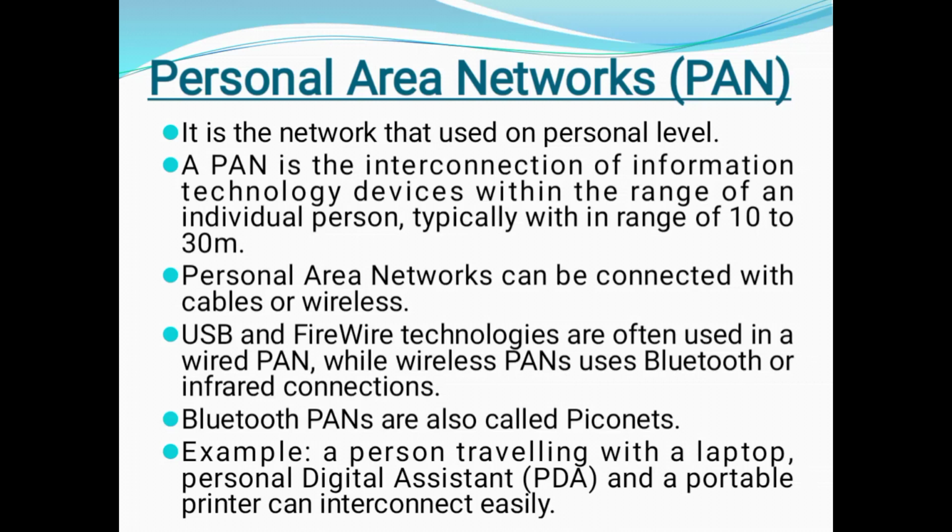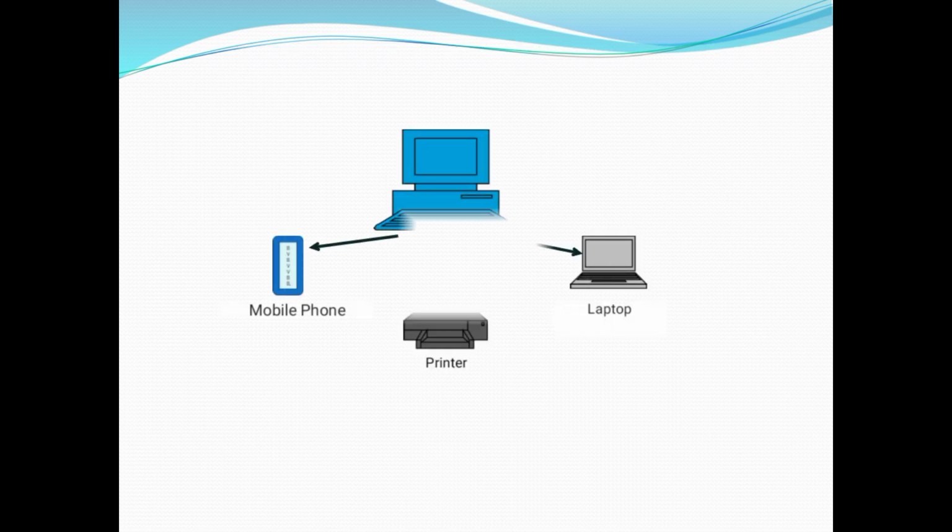Bluetooth PANs are also called piconets. Example, a person traveling with a laptop, personal digital assistant, and a portable printer can interconnect easily. This is the example for a personal area network.